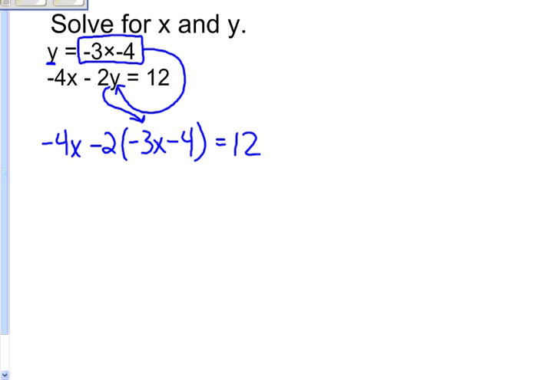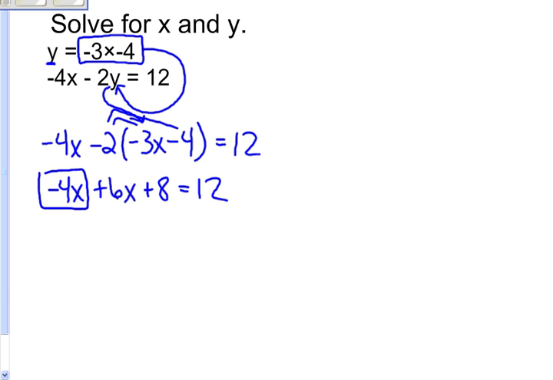Now once you've done that, this is just like working out a normal equation. So we can go ahead and do our distributive property and get negative 4x plus 6x plus 8 is equal to 12. We can combine our like terms.